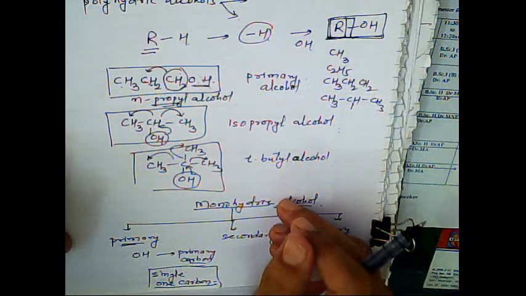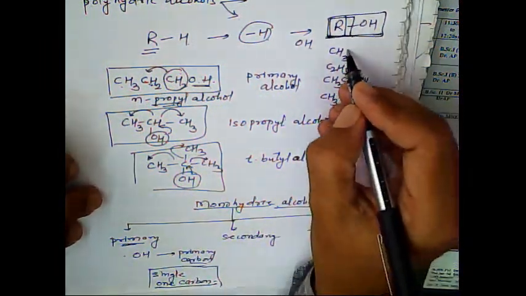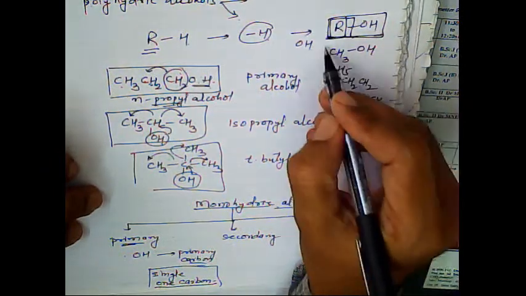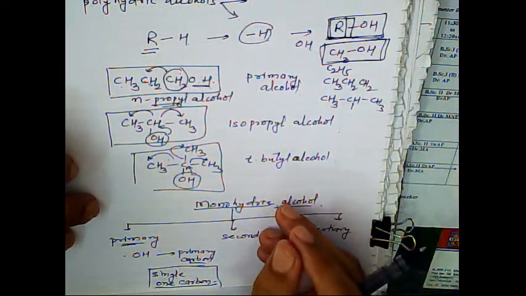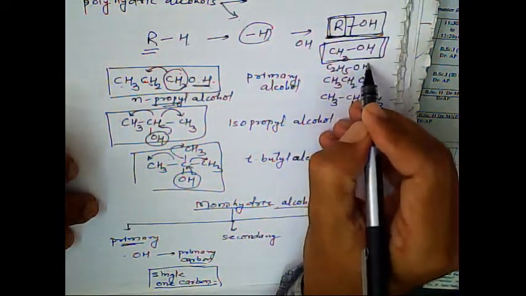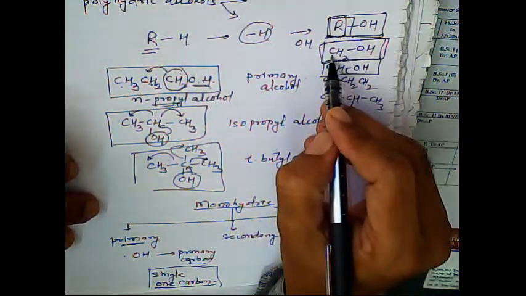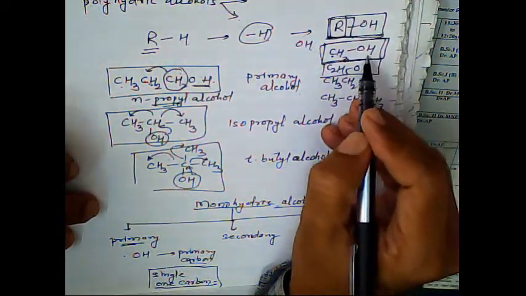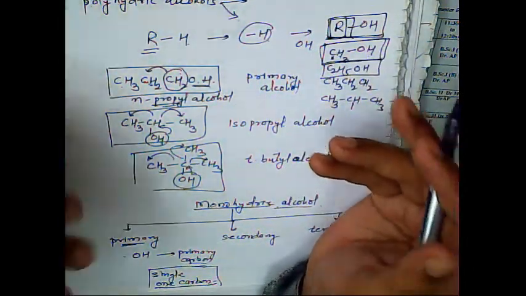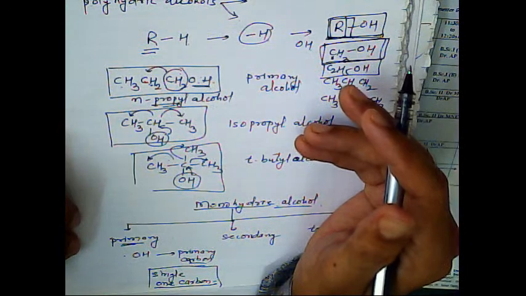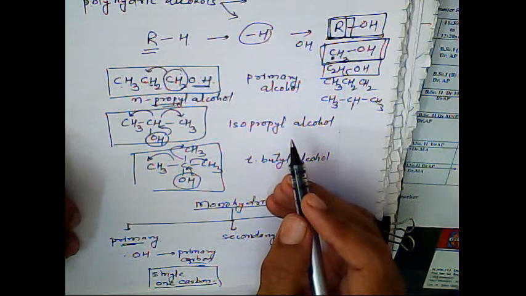Methyl alcohol, see here, is a primary alcohol. C2H5OH is again a primary alcohol. In methyl alcohol, OH is attached to the CH3 carbon, to which no carbon is attached. Therefore it is primary in nature, so it is a primary alcohol.